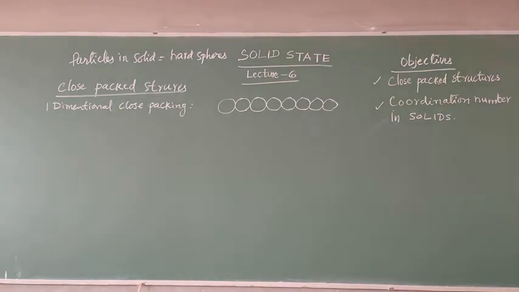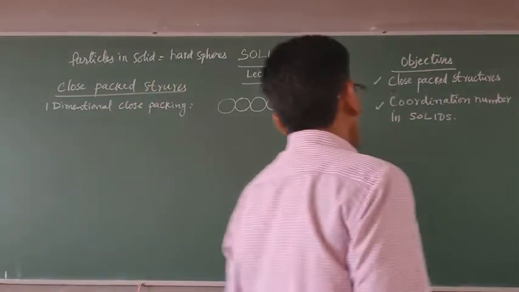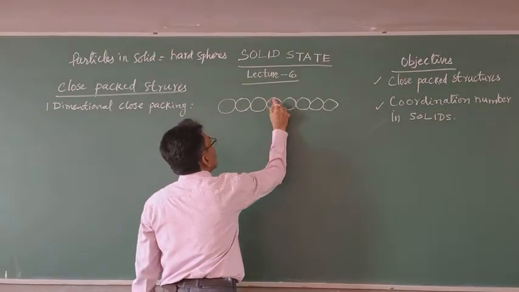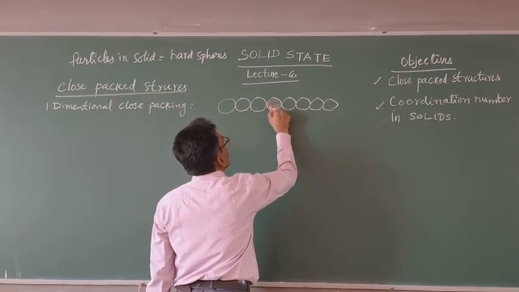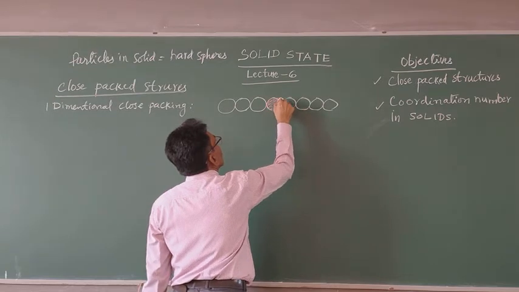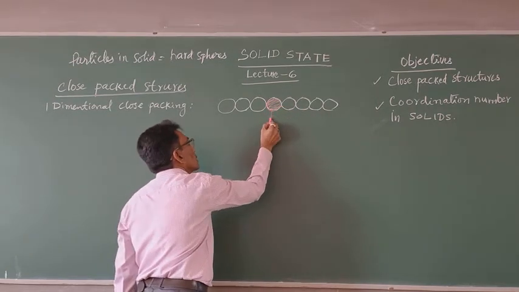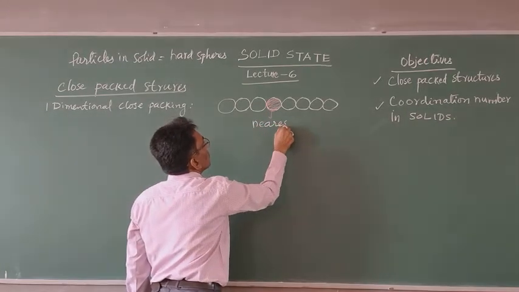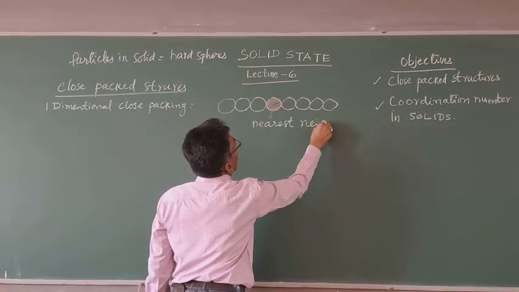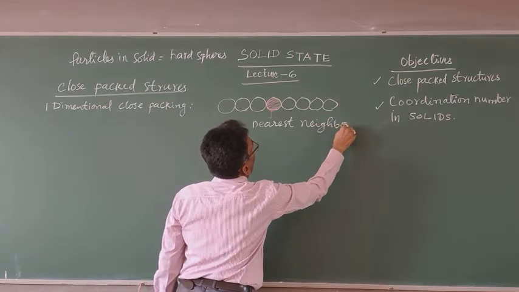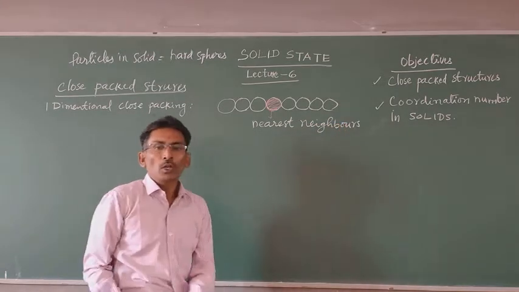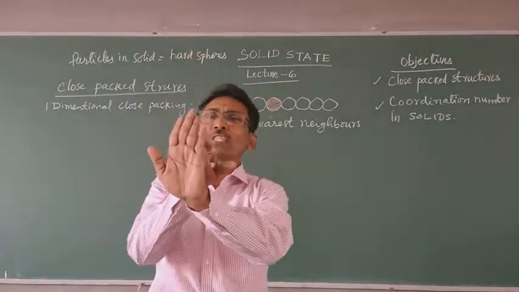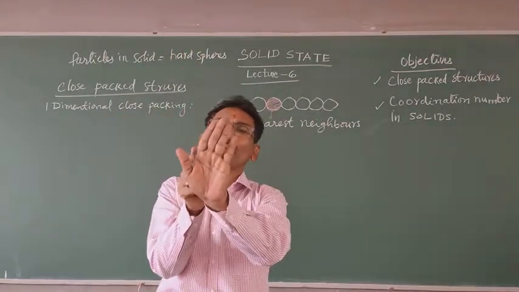Here you are going to watch a particular sphere is surrounded by how many nearest neighbors. Suppose I select this one, it has nearest neighbors. For easy understanding, these are 5 fingers closely placed, nothing but 5 spheres.